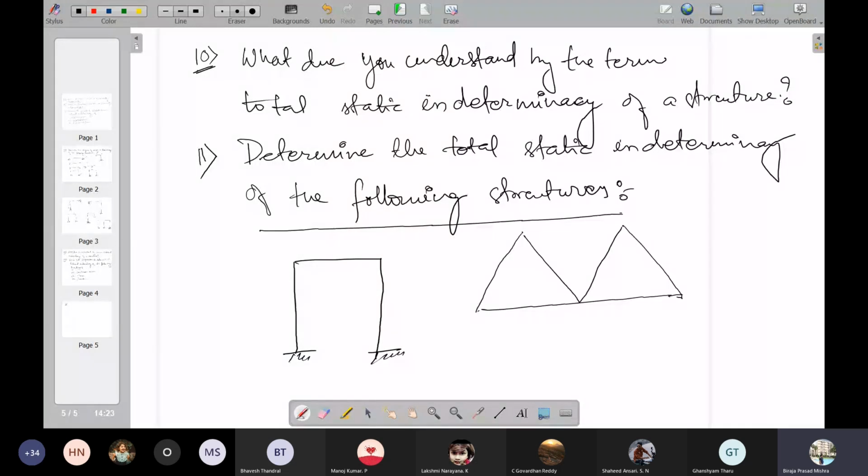The next structure is like this. The next structure is this one.